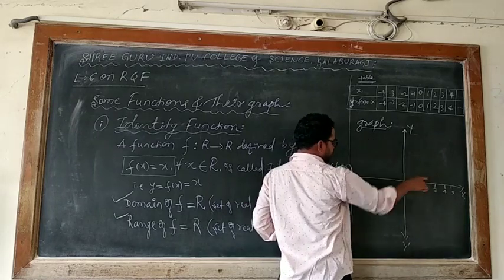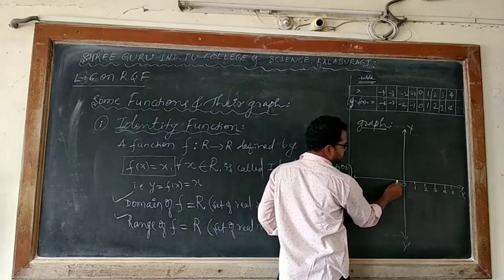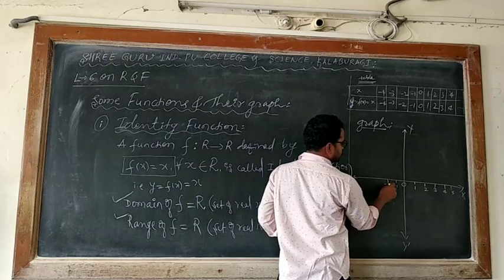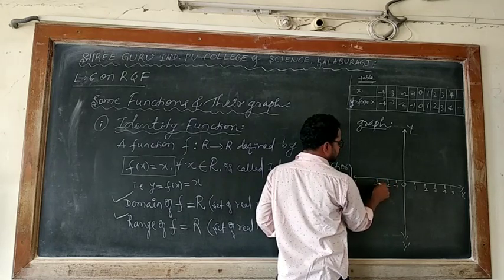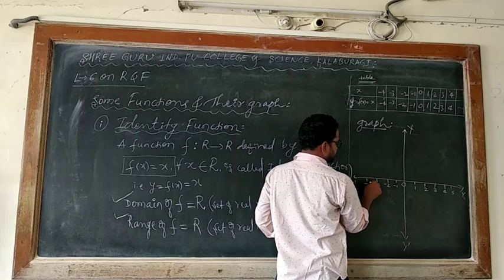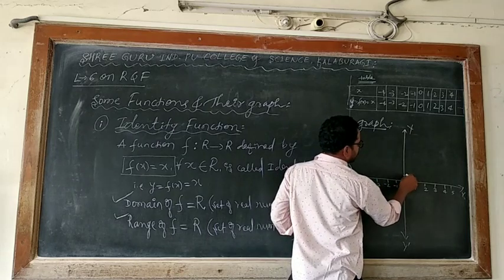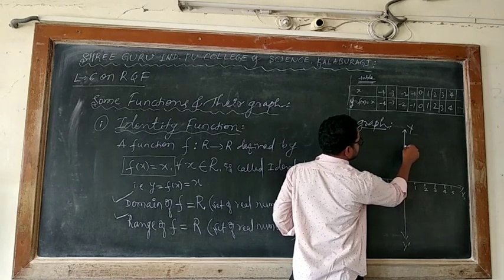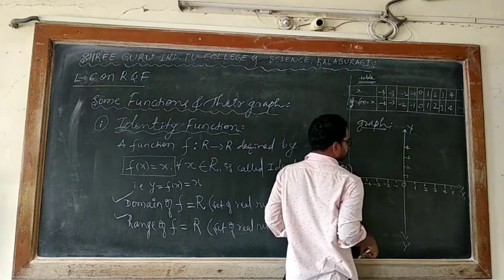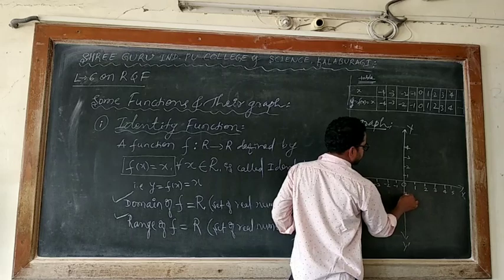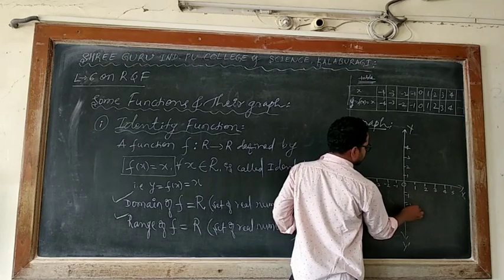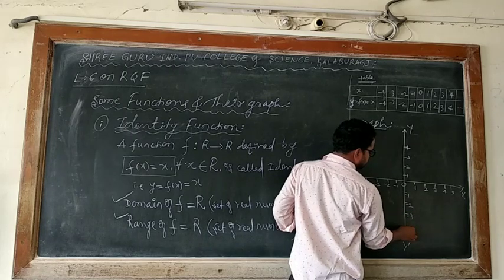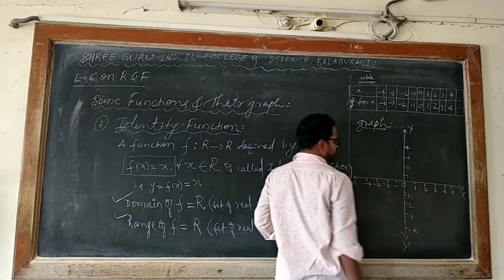This is the positive x-axis, this is the negative x-axis. On the negative x-axis you will get -1, -2, -3, -4. Here 1, 2, 3, 4. In this case -1, -2, -3, -4.